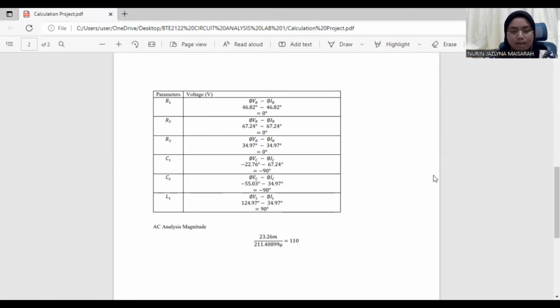For this AC analysis magnitude, there is a calculation where we divide the current from the calculation by the current from the simulation, where we have not yet changed the AC analysis magnitude, and then we get the value. As you can see here, we get the value 110 for its AC analysis magnitude. I think that's all from me. Thank you.